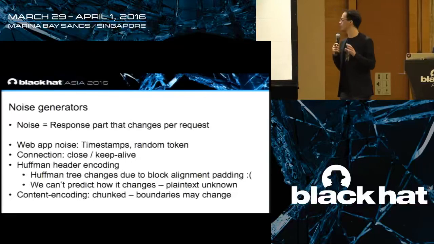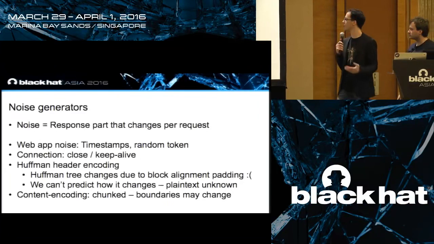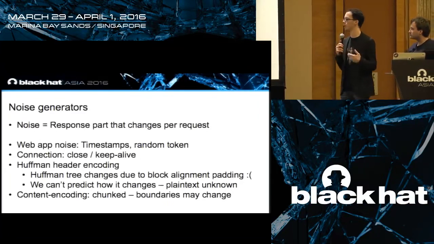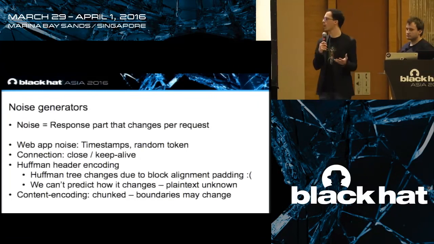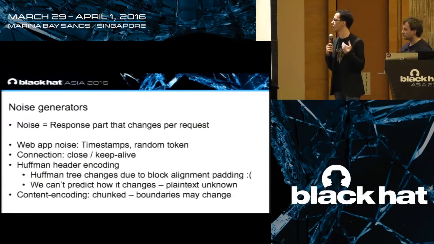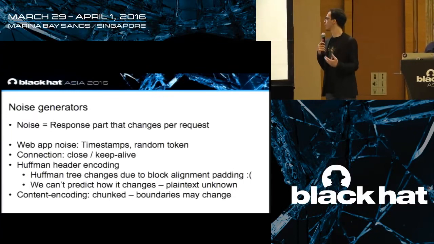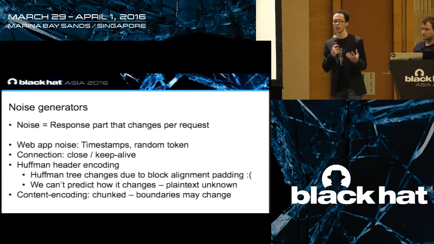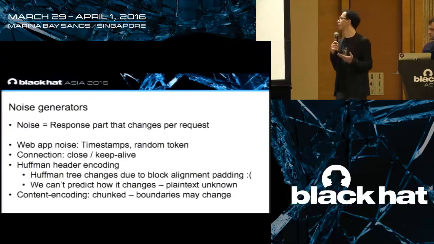So there should be more investigation into how Huffman is actually made with gzip, and if we can predict to some extent what the result will be. And finally, another noise problem is the content encoding, which may be chunked. So this would result in the compressed plain text being chunked, and the boundaries may change per request, and this may affect our results.